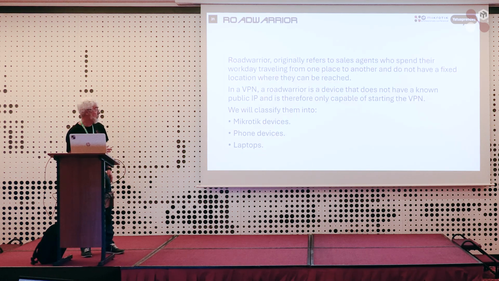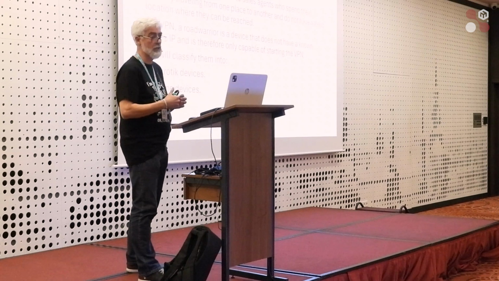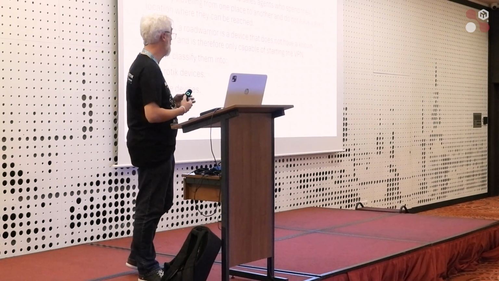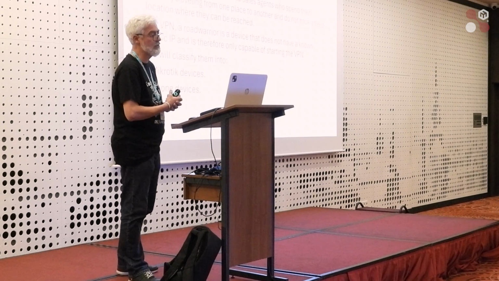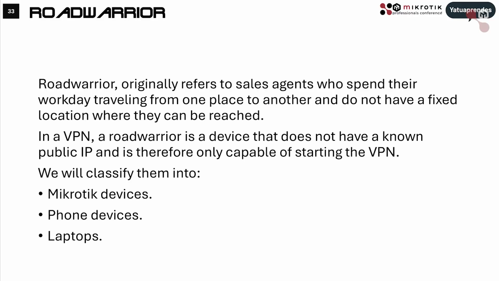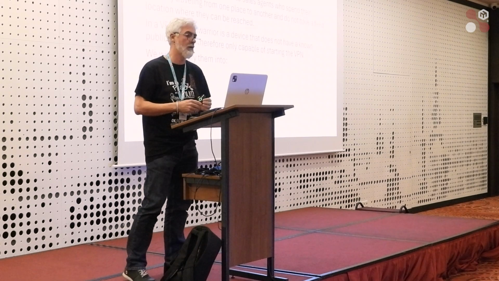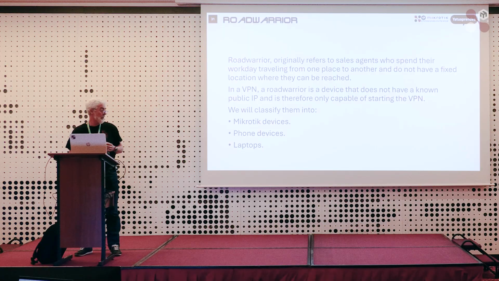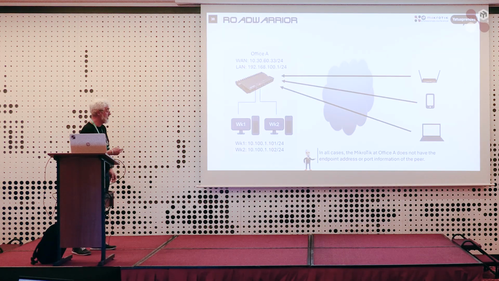Roadwarrior refers originally to a sales agent who spends their workday traveling from one place to another and doesn't have a fixed location. In a VPN, a roadwarrior is a device that does not have a known public IP and is therefore only capable of starting the VPN. Office A is not capable of starting the tunnel to the other devices.